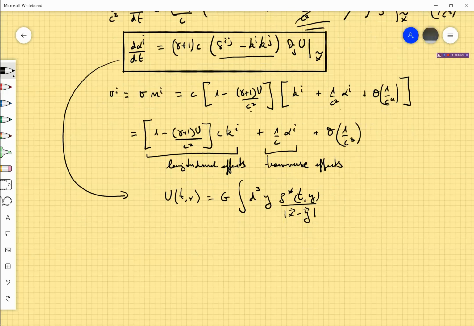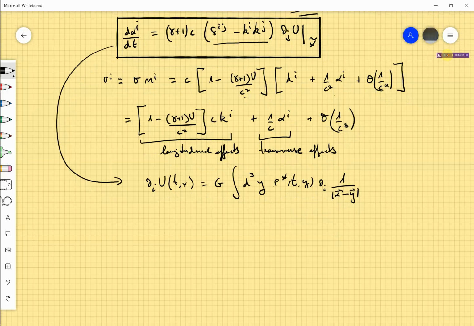If I now take derivatives with respect to the x's, the only thing that is affected here is this term 1 over |x minus y|, and the derivative of this is well known. You get a minus sign, you get x_i minus y_i, and this divided by |x minus y| cubed.